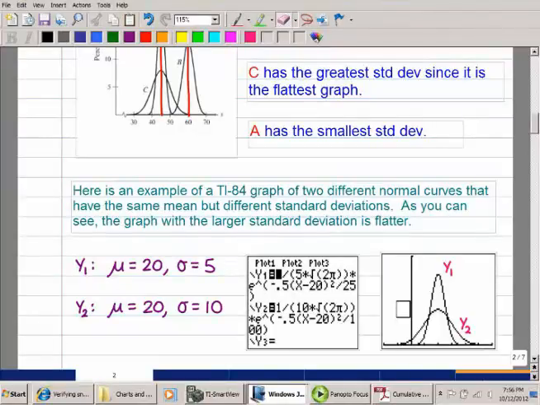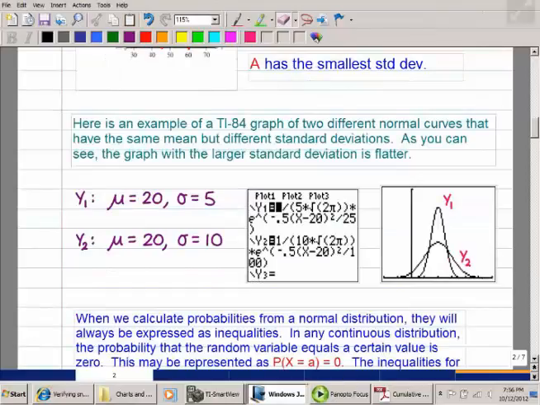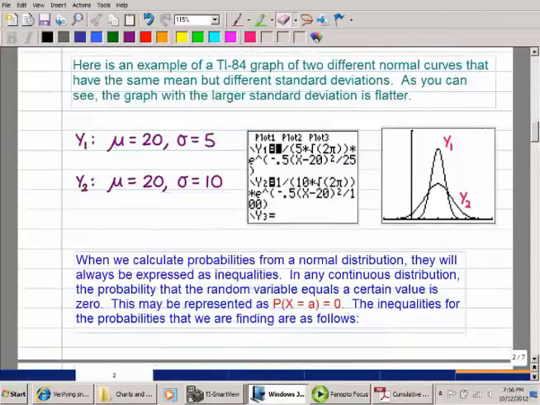A normal scale would not show them very well. But with mean 5, standard deviation 5 and standard deviation 10, based on what I was saying before, the one with the smaller standard deviation should always be the taller and skinnier graph, which it was here. Y1 is definitely that taller graph, and then Y2 is the flatter graph. But I doubt that you're going to have any serious need to ever have to do that.